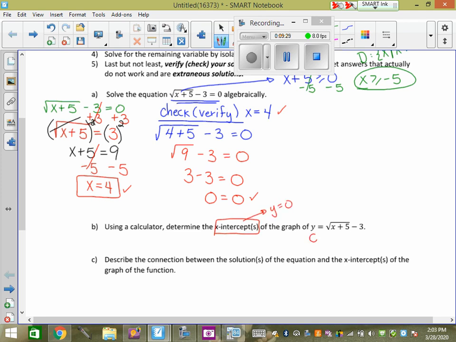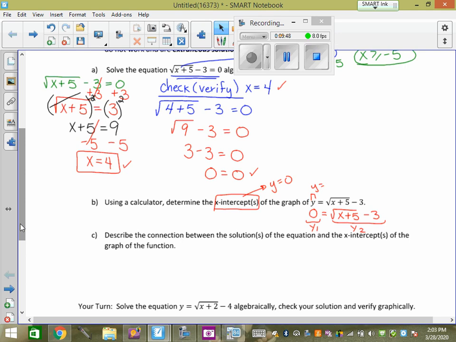So I'm going to put a 0 in for my y if I want to. And I could just go y1, y2 again, like that. Or I could just plug this into my y equals of my calculator and find my x-intercepts that way, okay?